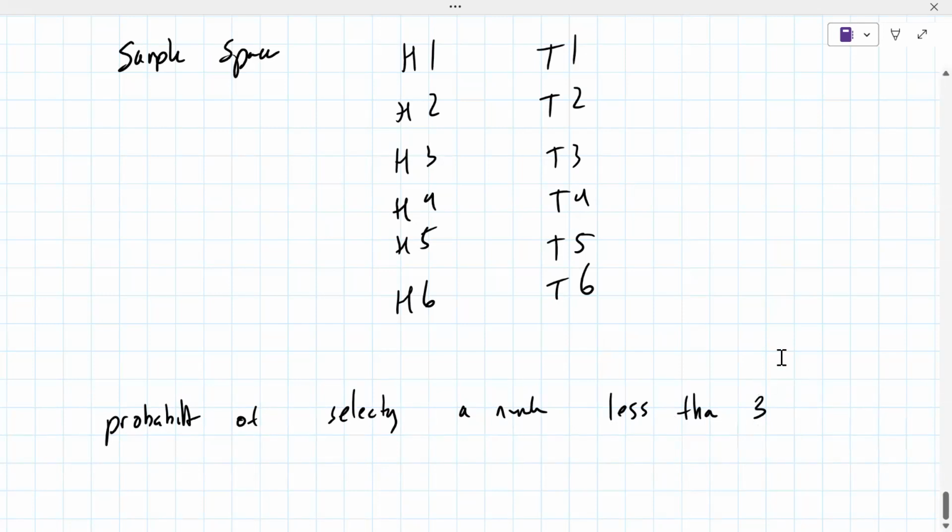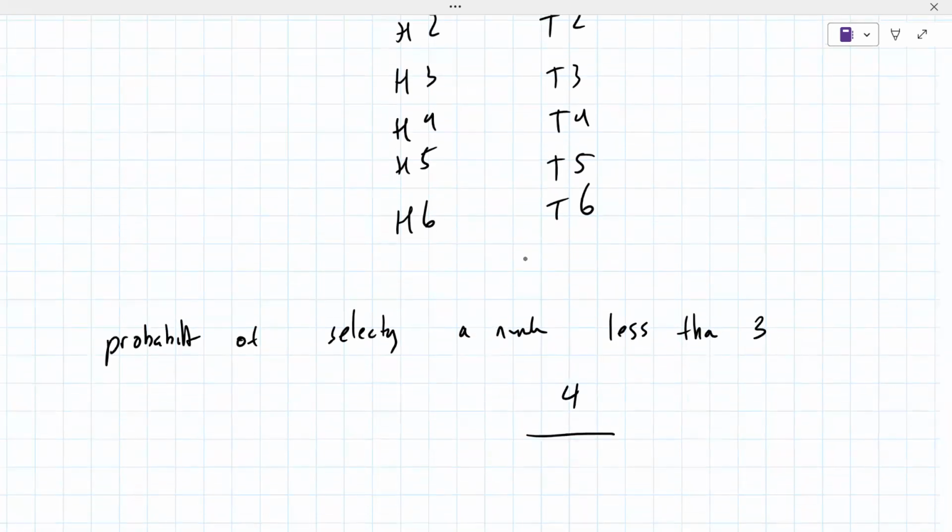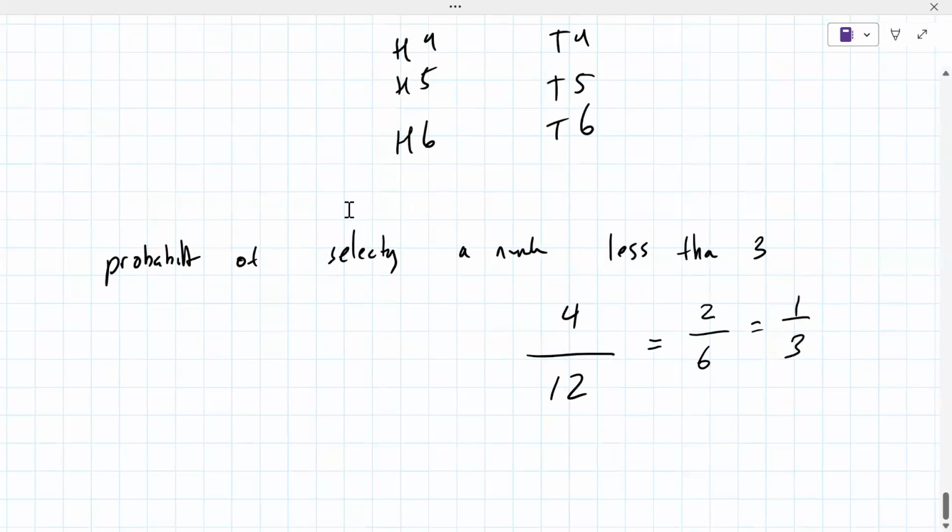So there's 4 out of how many? 12. What does this reduce to? 2 over 6, and then 1/3. Good.